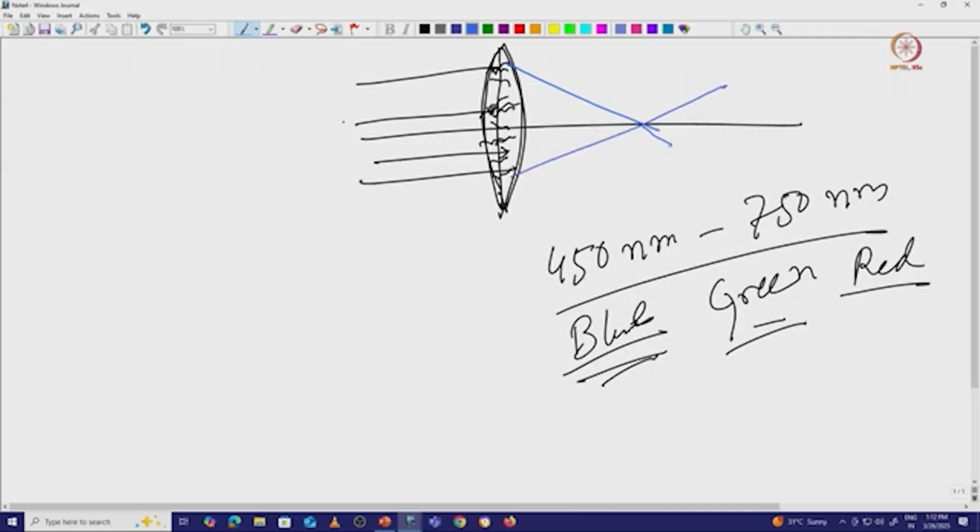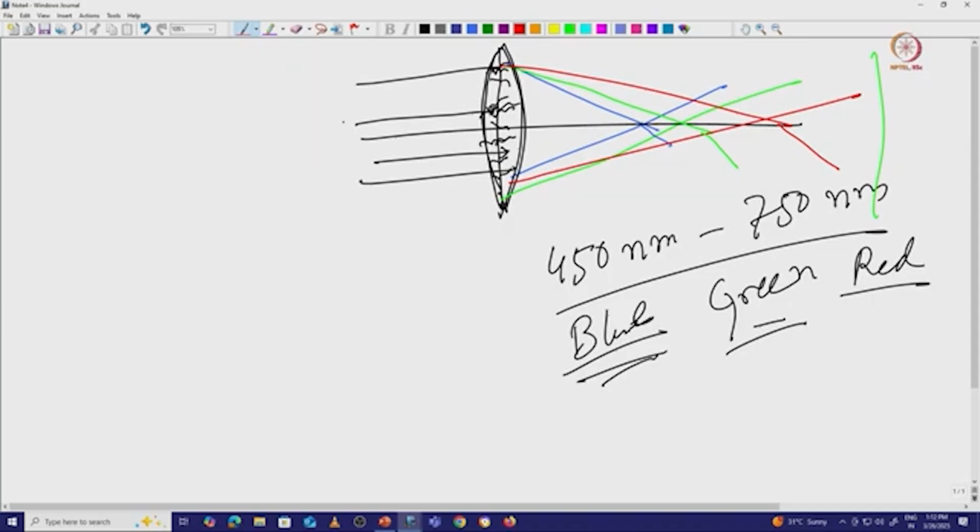Blue rays will merge like that, then green rays will merge somewhere like that, and then red will merge further like this. So now you can see when this gives us an image, it will be a combination of all these 3 or 4 rays, and it is going to show in your image, where you can see blue or red boundaries outside.